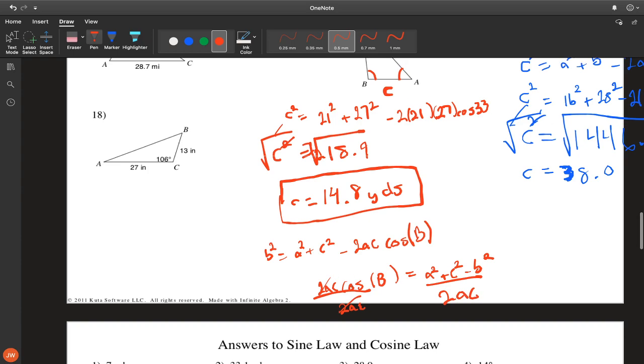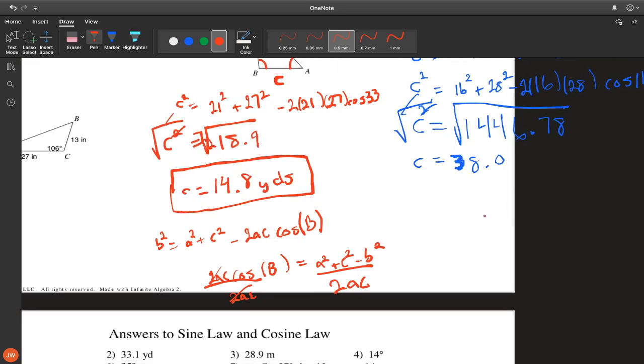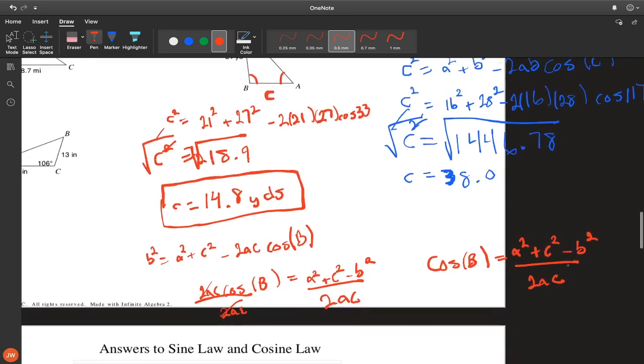So cosine b is equal to a squared plus c squared minus b squared divided by 2ac. So now we can plug in some numbers here.